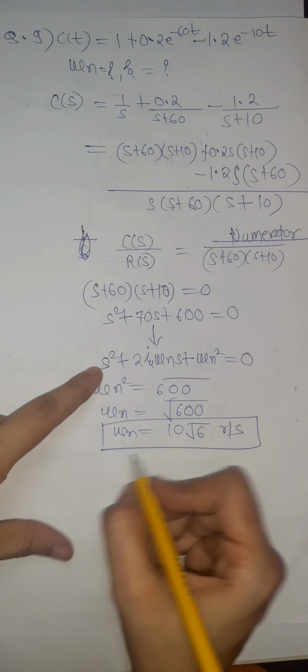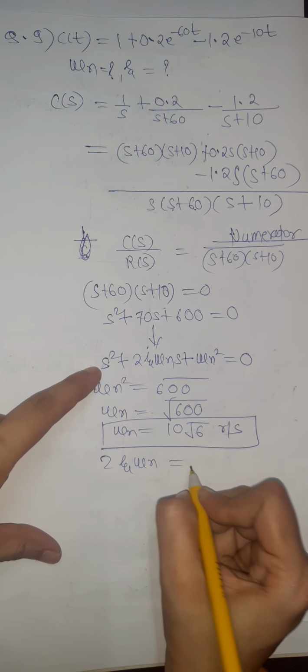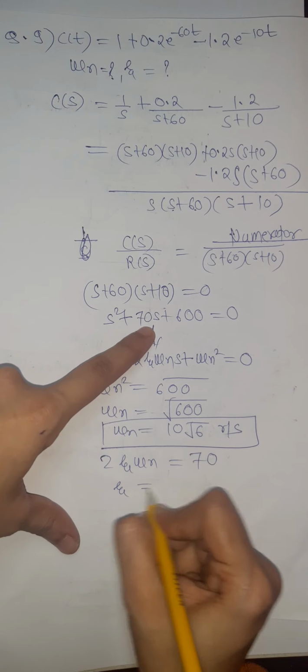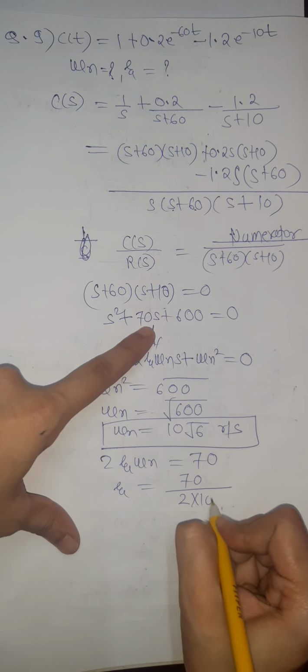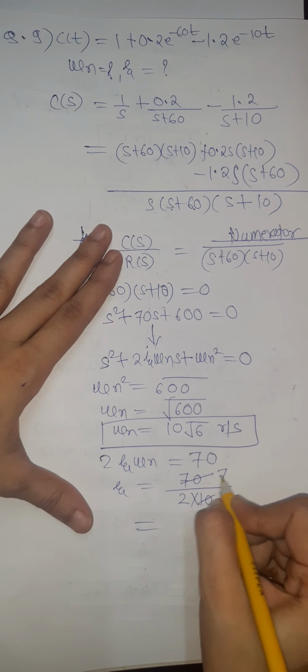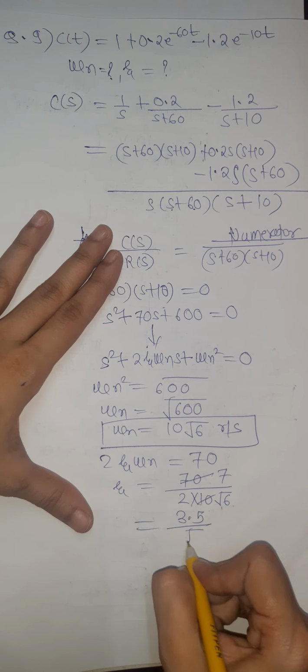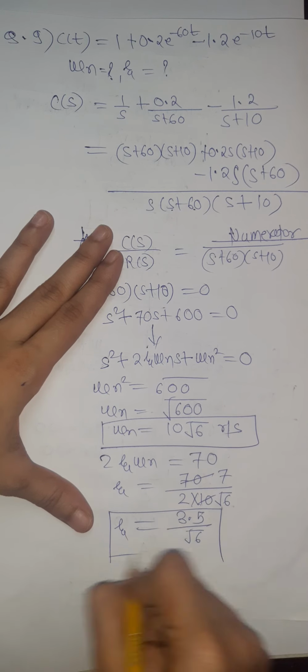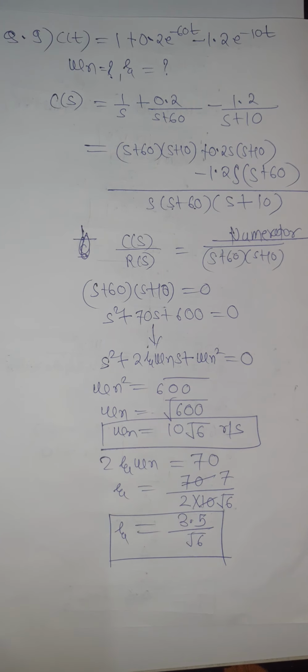and 2 zeta omega n is 70. So zeta is equal to 70 divided by 2 into 10 root 6. So it will be 3.5 divided by root 6. Now the value of root 6 will be something lying between root 4 and root 9, that is in between 2 and 3, since root 4 is 2 and root 9 is 3.